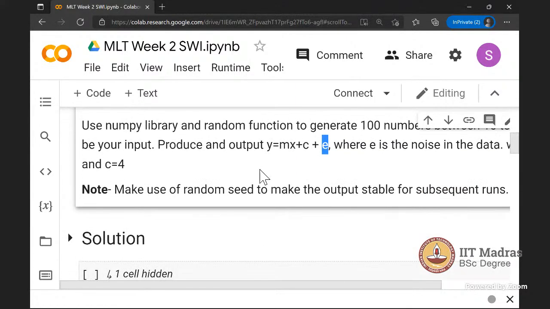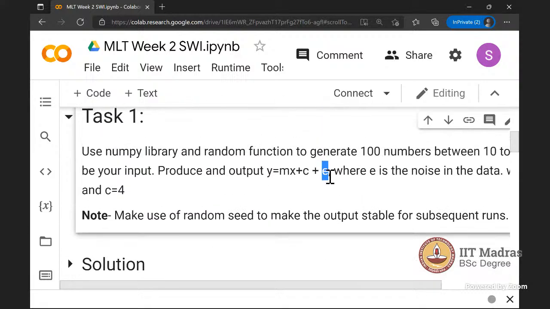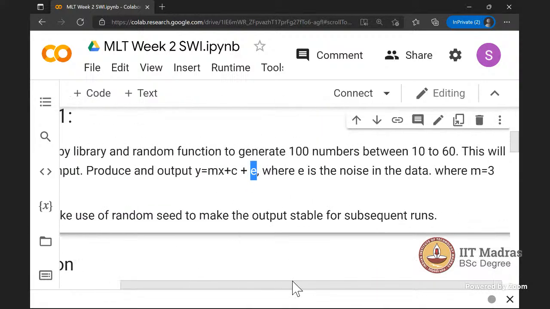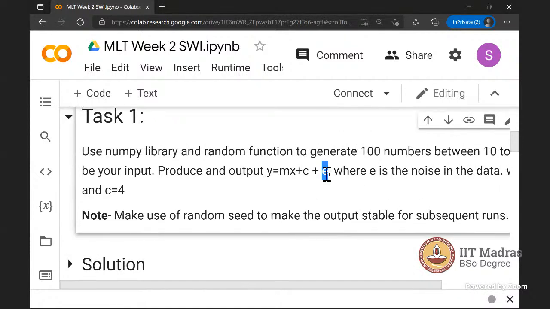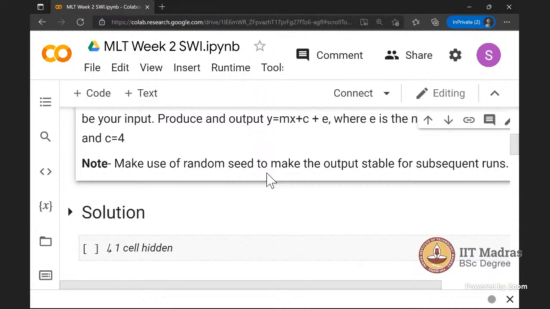So your first task is to generate 100 numbers between 10 and 60, and the equation for those numbers should be y equal to mx plus c, where m is 3 and c is 4, and add some Gaussian noise to it. Take 2 minutes.